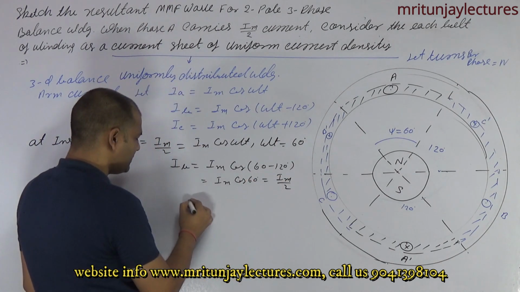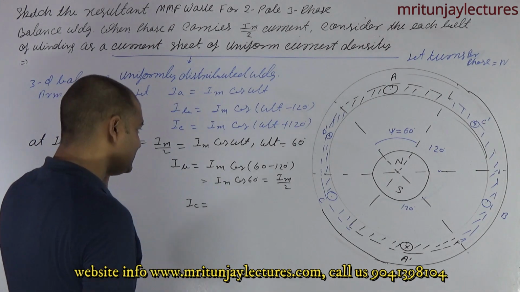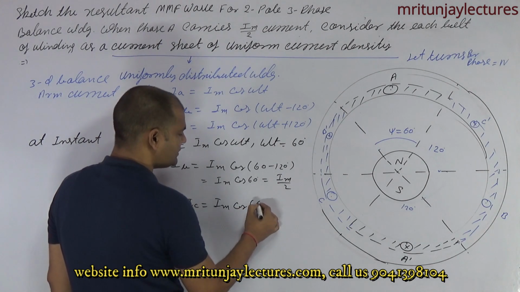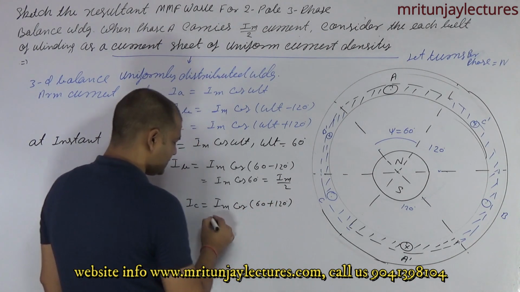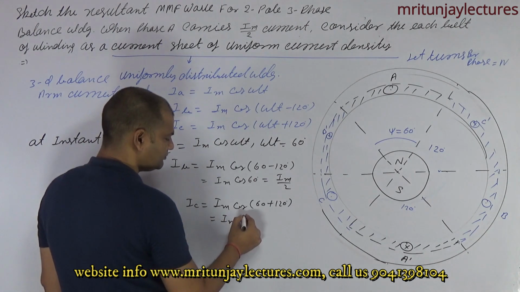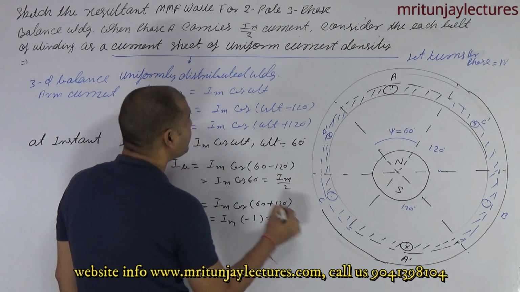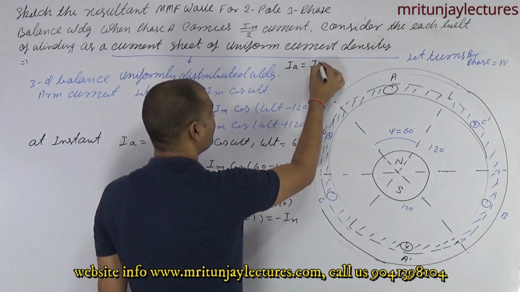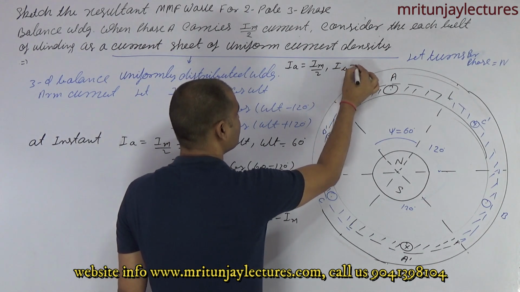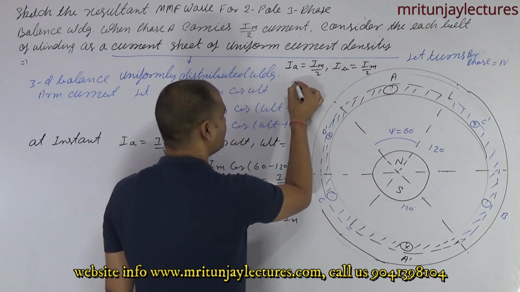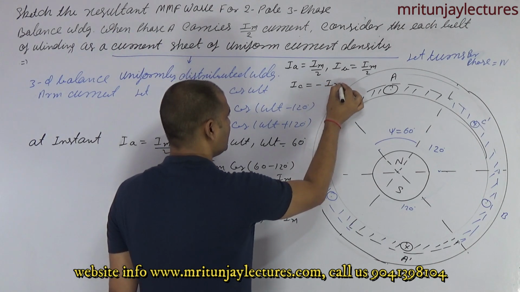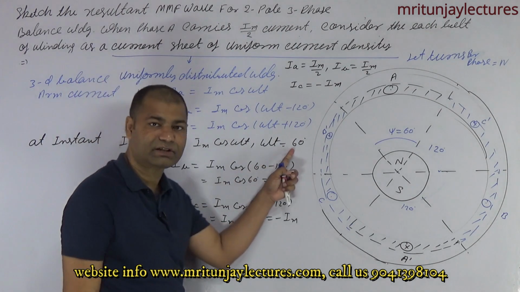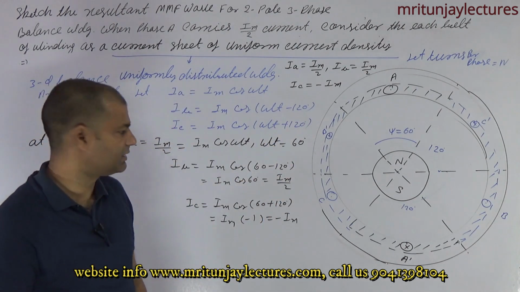What about IC? IC is Im cos of 60 plus 120, that is minus Im. So IA equals Im by 2, IB equals Im by 2, but IC equals minus Im, at the instant when omega t is equal to 60 degrees.